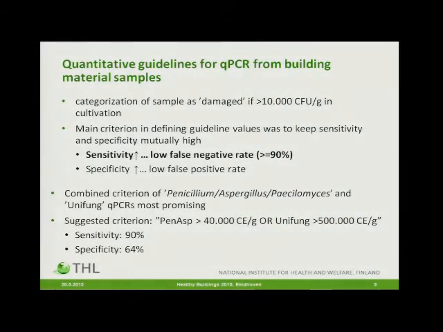Specificity of 64% means we have 36% of samples that are non-damaged based on cultivation, but are damaged based on our qPCR criterion. In this 36%, I'd not like to talk about false positives because, of course, we do detect dead cells. We do detect what we cannot culture. So it could be right positives.